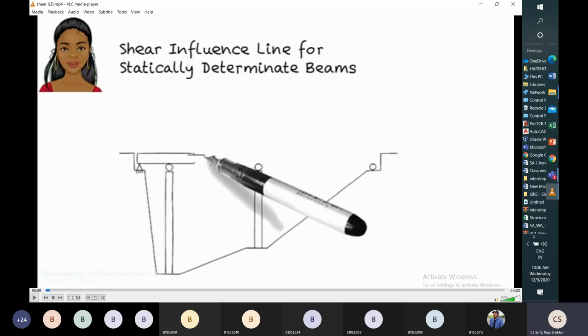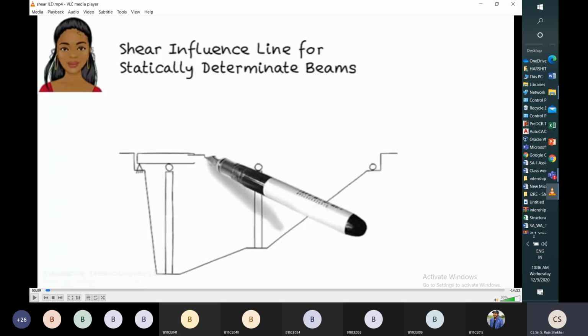So what is meant by a statically determinate beam? Statically determinate beams are the beams which can be analyzed by using only static equilibrium equations. That means sigma Fx is equal to 0, sigma Fy is equal to 0, moment about any point equal to 0. Those equations are enough for the complete analysis of the beams.